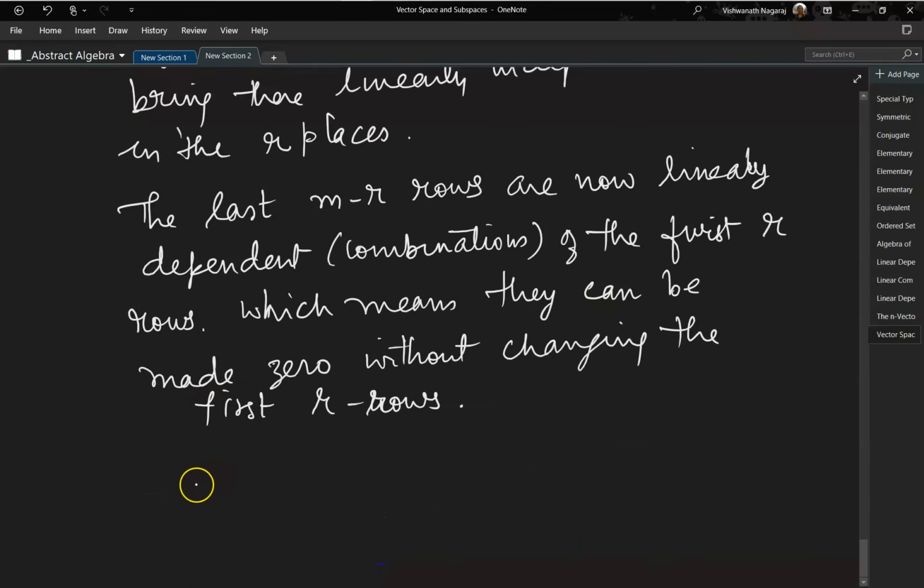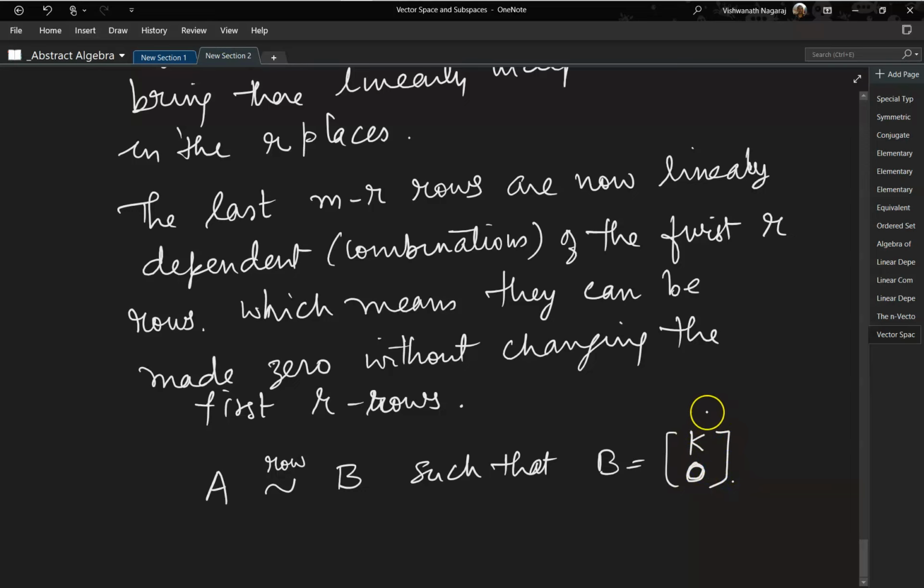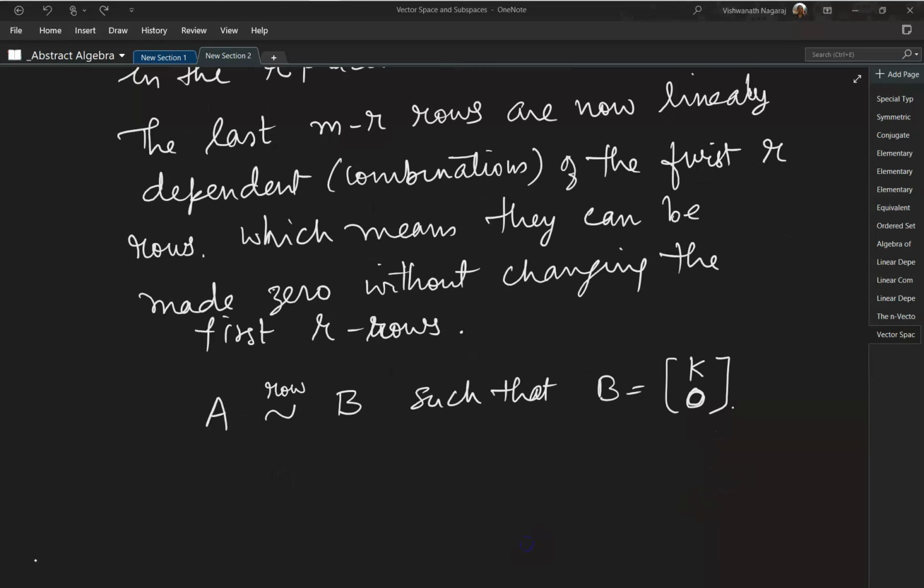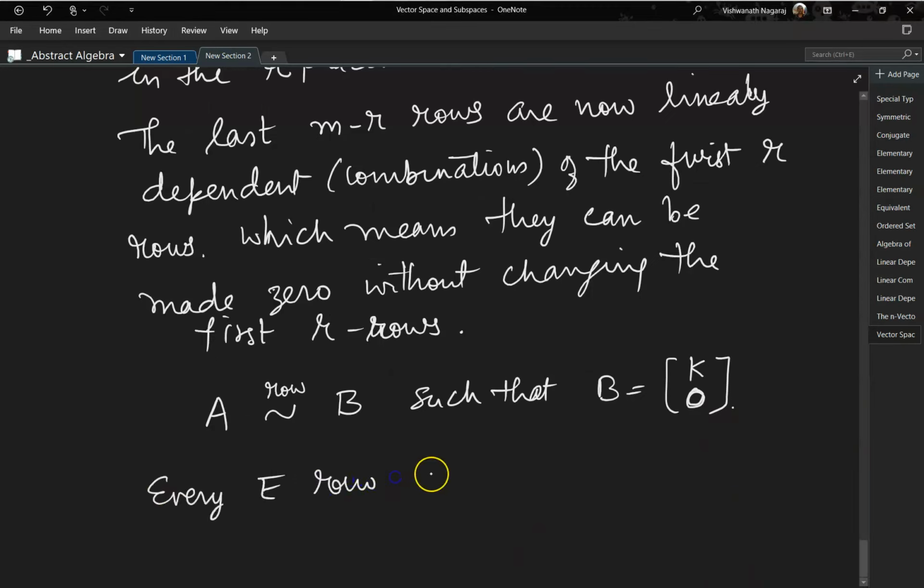So A is row equivalent to a matrix B such that B is equal to [K; 0], where K is the first r rows and the remaining are zeros. Now, every elementary row operation is equivalent to pre-multiplication.